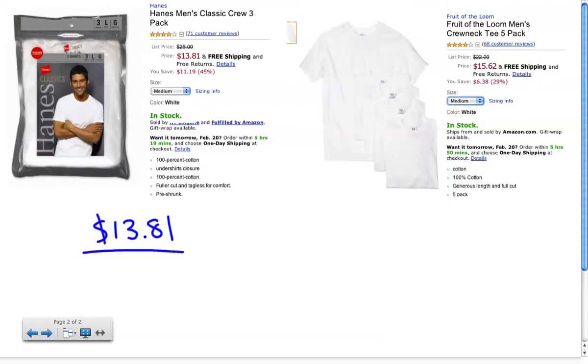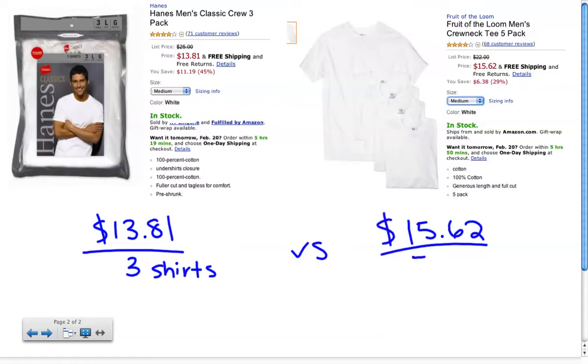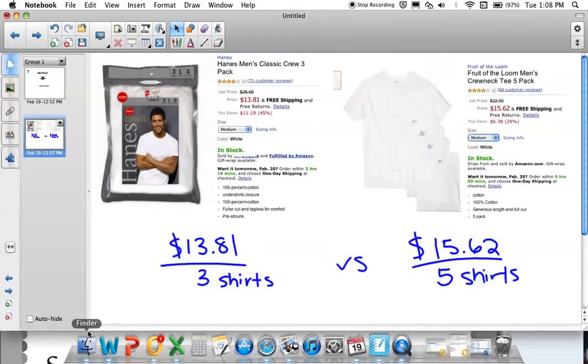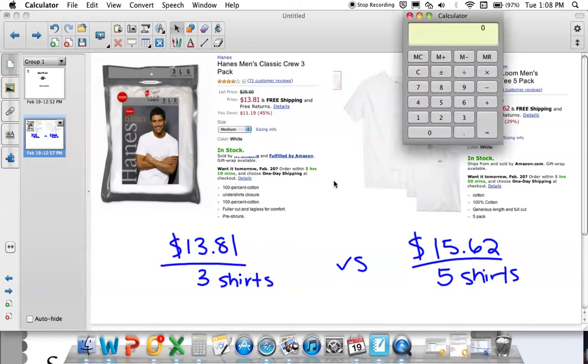Remember, dollar amounts in the numerator, for a pack of 3 shirts. Okay, versus $15.62 for a pack of 5 shirts. I'm going to use my calculator for this because these numbers are not very nice. So let's exit out of here. I'll give you nice numbers on quizzes and tests, don't worry. But I wanted to give you a real life example.